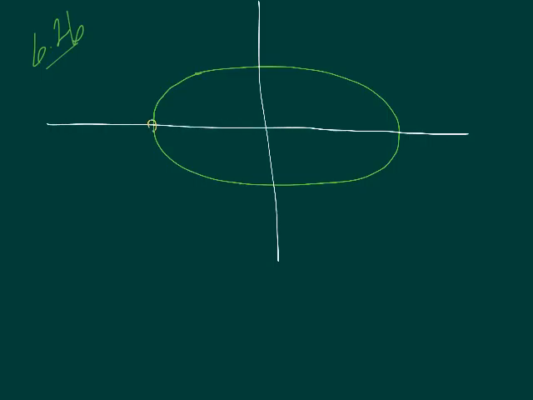Okay, the distance between here and here, the long distance, that is called the major axis. And the other one, from here to here, is called the minor axis.